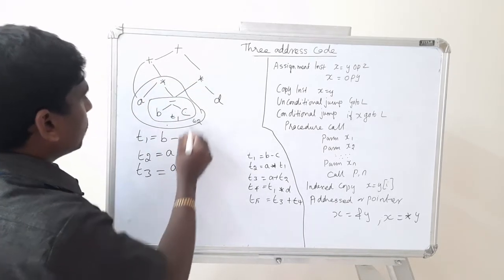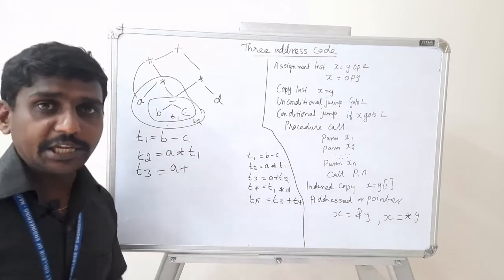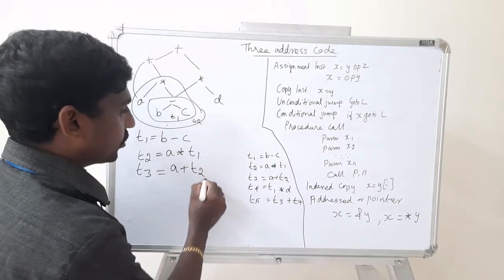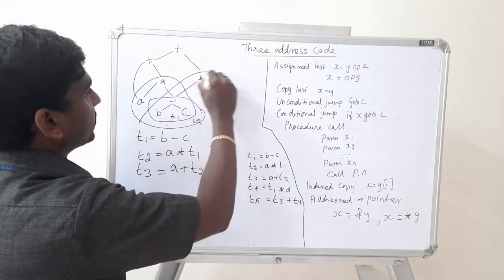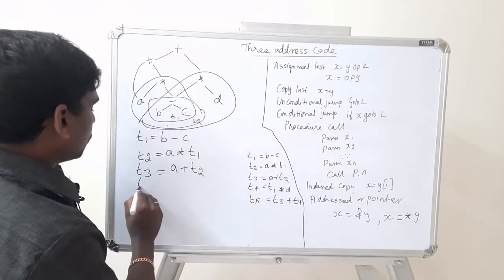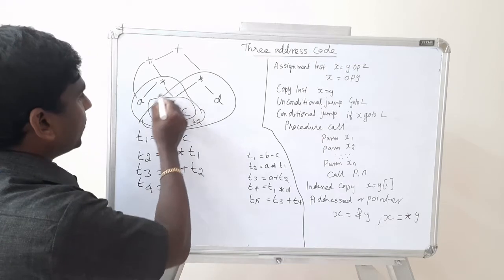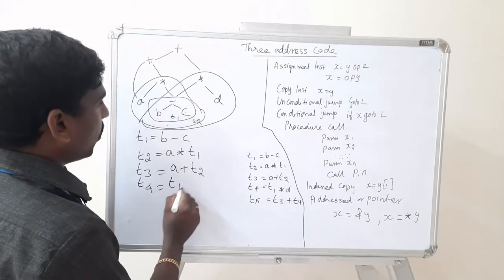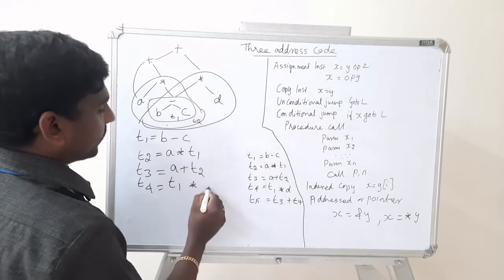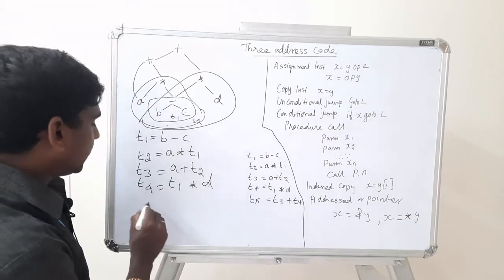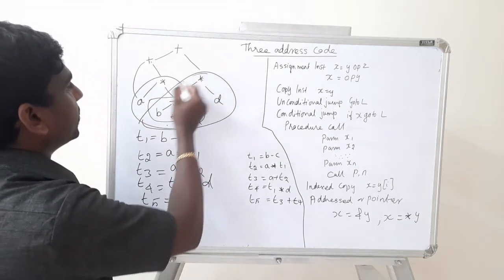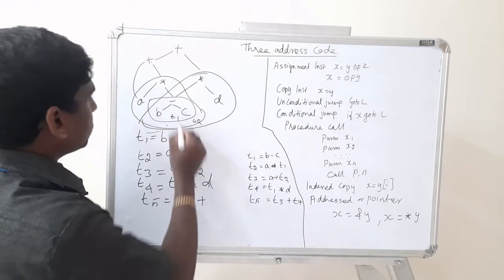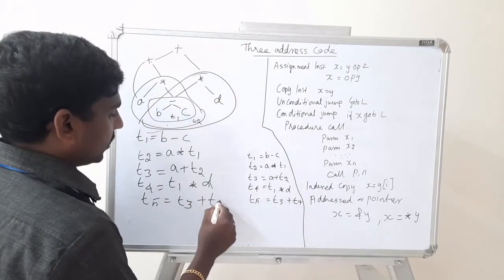So A plus, already this is present in T2. So A plus T2. Clear? And then I need this expression I am going to express. So T4 equal to, already this is T1 star D, and T5 equal to T3 plus T4.